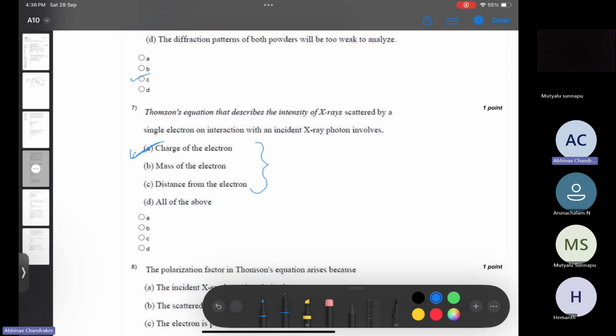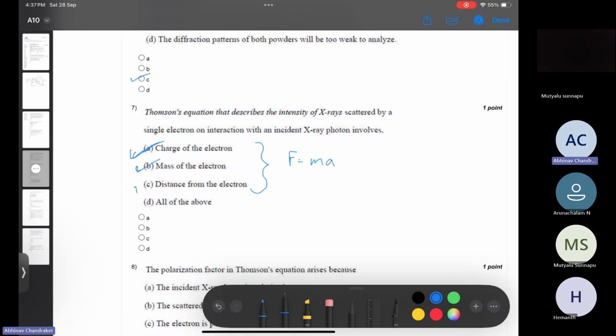So charge is important. The mass is also important, because how much the electron will oscillate will depend on the mass of the electron. The force will depend on the charge, but the acceleration of the atom will be dependent on the mass, F equal to ma.